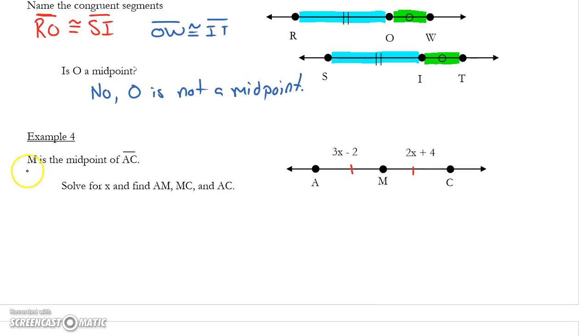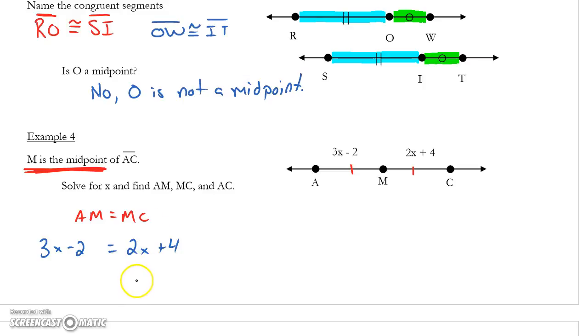But because this is a midpoint, and only because it's a midpoint, I know these have the same length. Or, I know that segment AM equals segment MC as far as their length. Since AM is 3x minus 2, I know that MC is 2x plus 4.